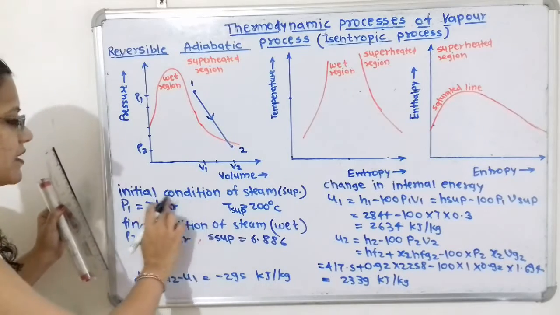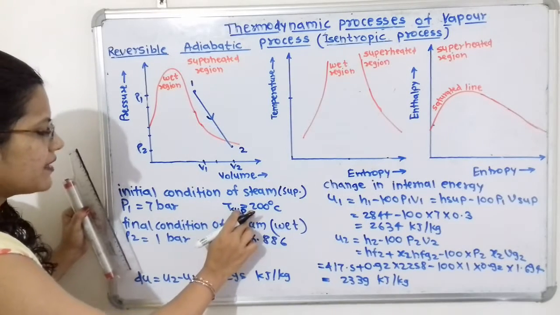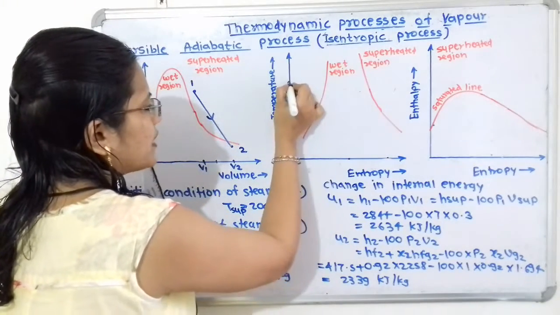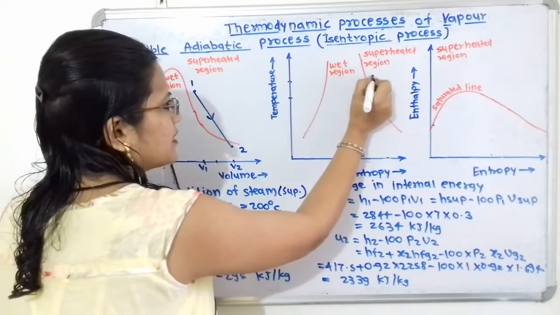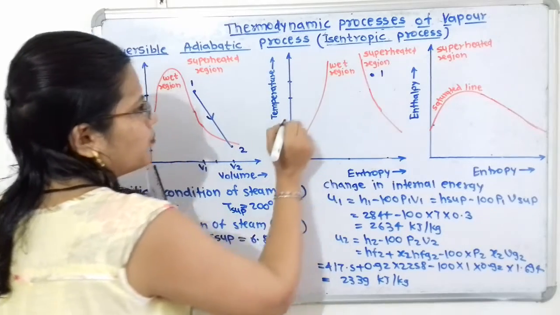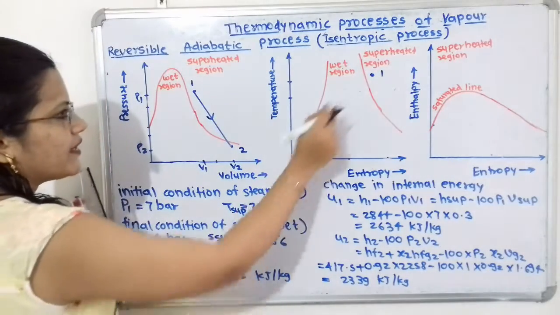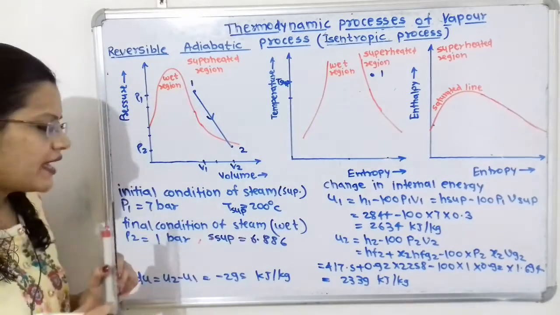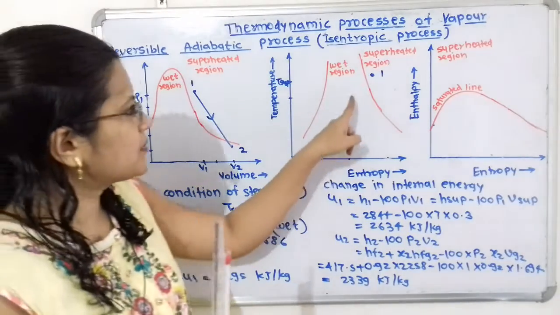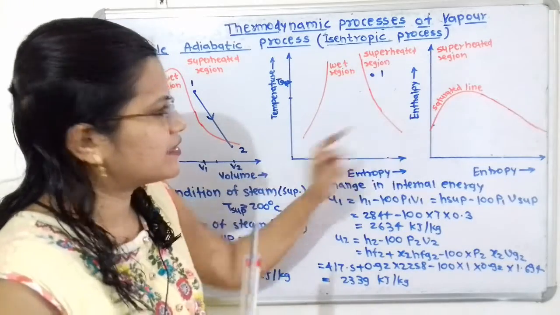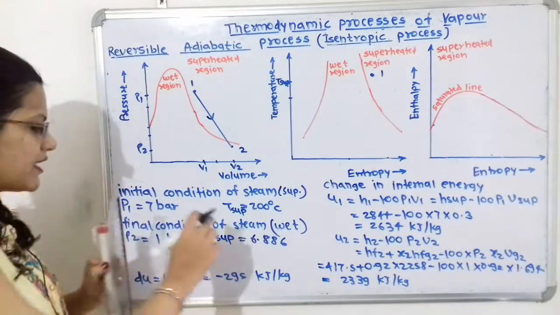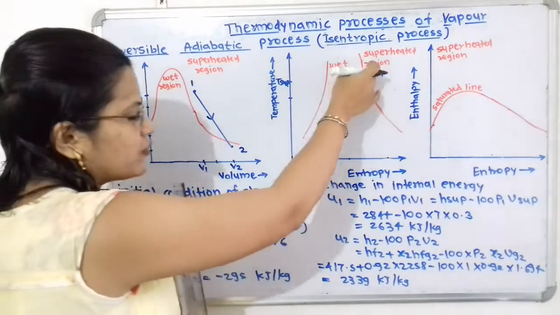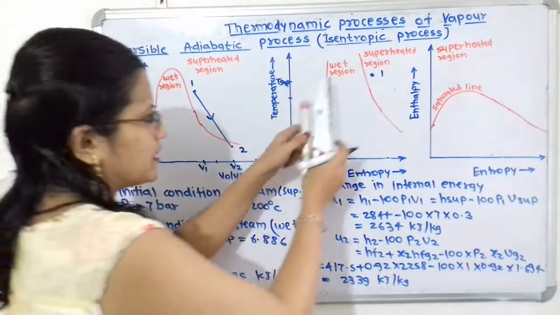So in the superheated region we will take this T superheated, that is, a temperature of 200 degrees Celsius. We will select here point 1. For this point 1 the temperature is known as T superheated. And then the final condition of steam is wet steam, so here is the wet region. Now the most important thing is that entropy will remain constant, so we have to show the entropy constant, that means a straight vertical line.